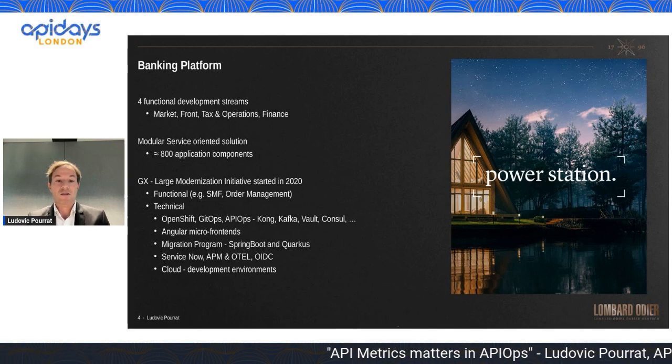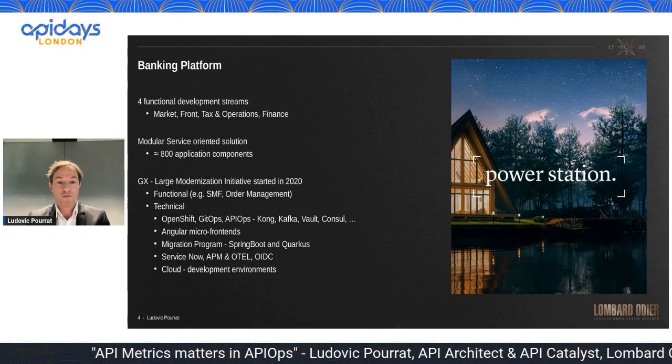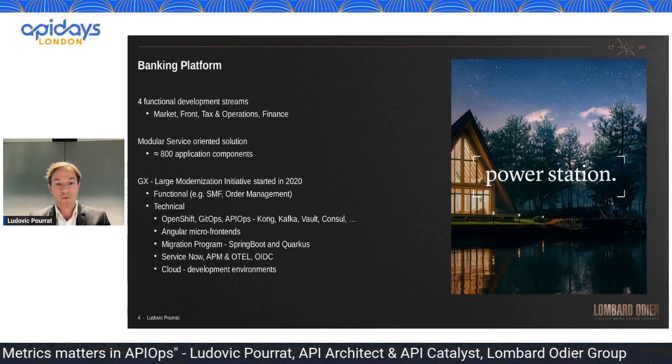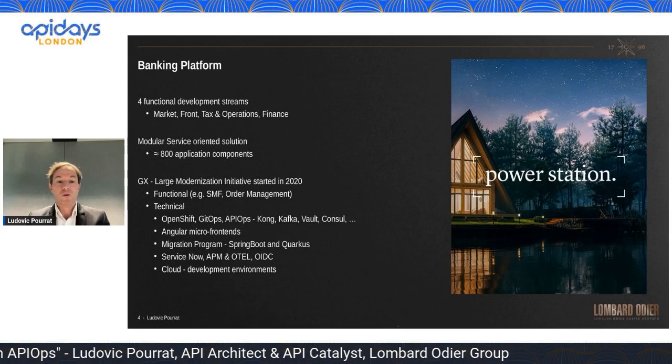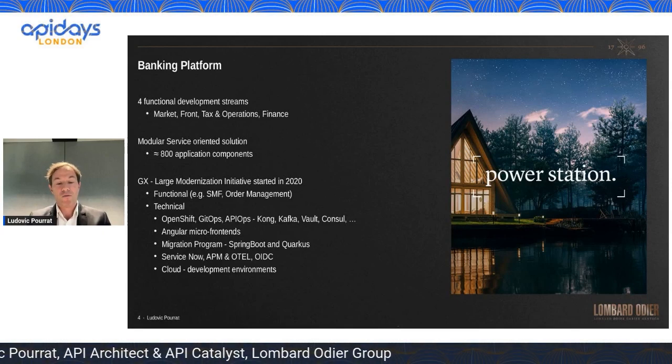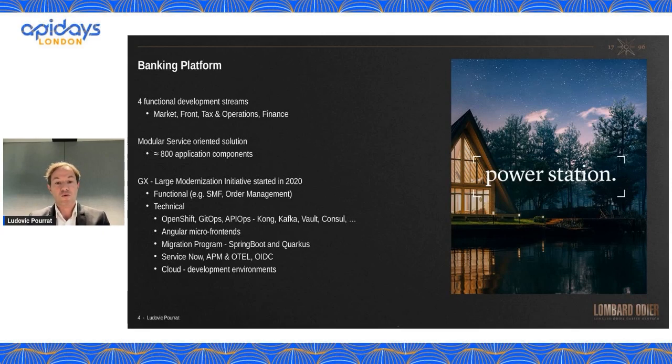The idea is to move towards a brand new platform based on OpenShift, leveraging GitOps and APIOps, and to migrate from JBoss running on VMs to Spring Boot and Quarkus runtimes. We also support and develop micro frontends based on Angular. We develop against cloud, but I would say that's a start.